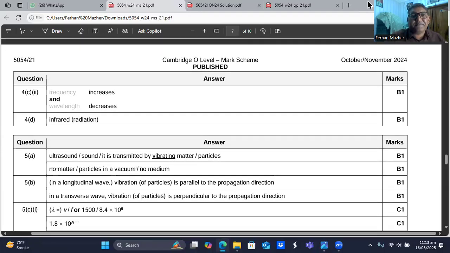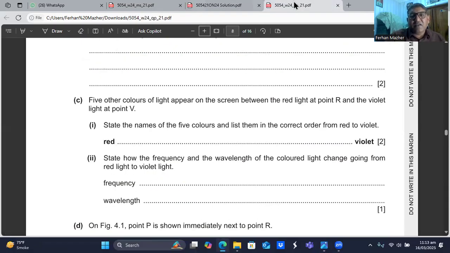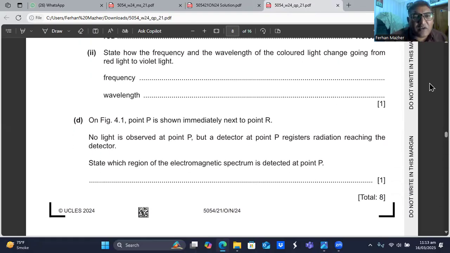Let me show you. Okay, then he says on Figure 4.1 point P is shown immediately next to the point R. No light is observed at the point P, but a detector at the point P registers radiation reaching the detector.